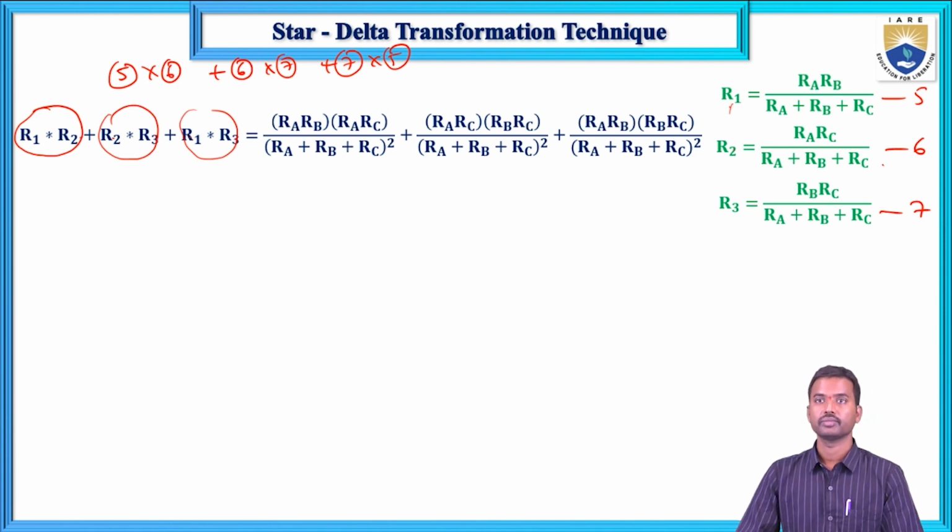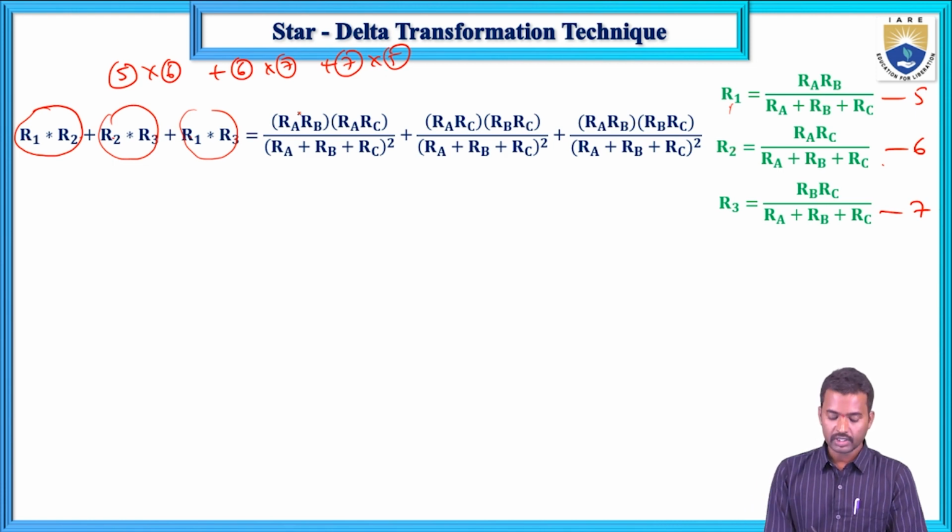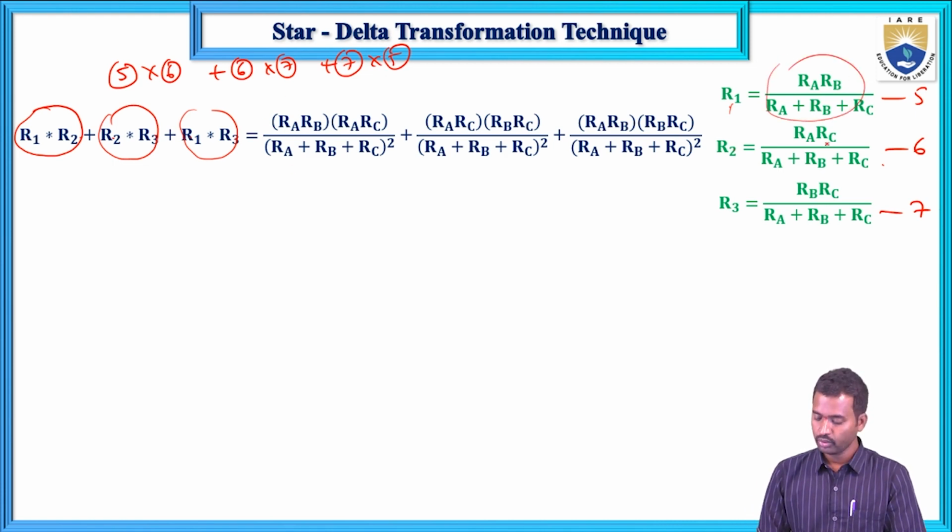And the RHS side is also the same, 5 into 6, 6 into 7 and 7 into 5.